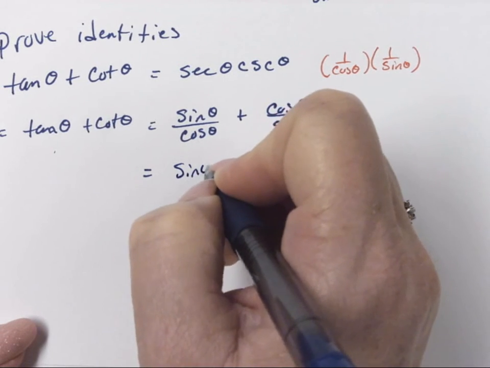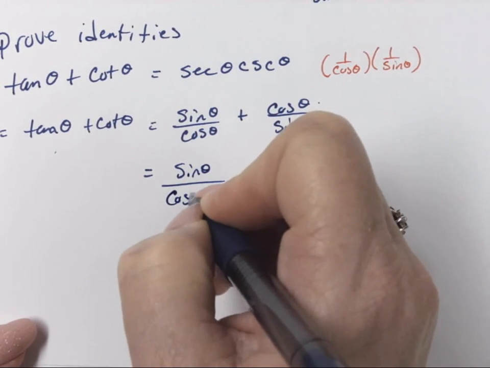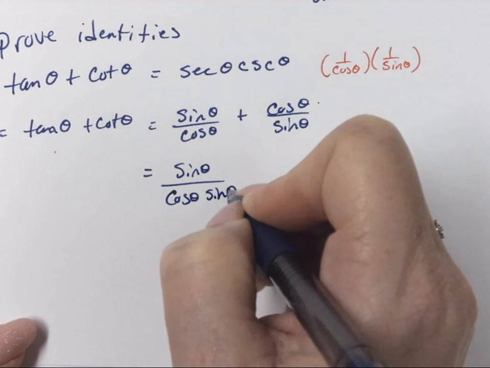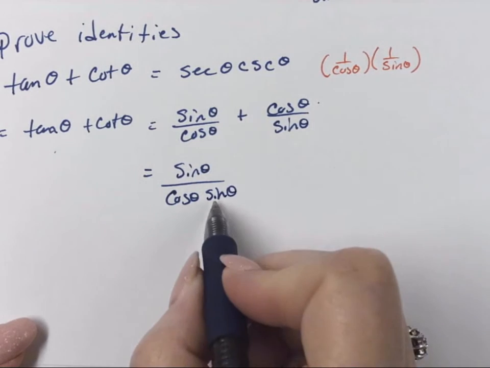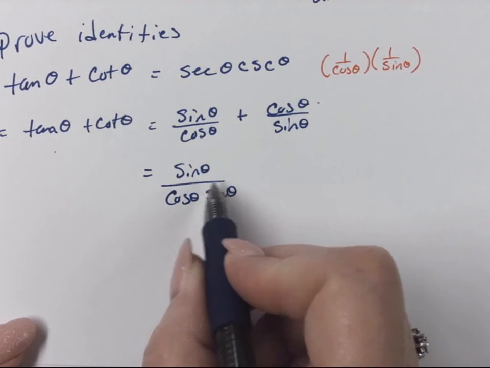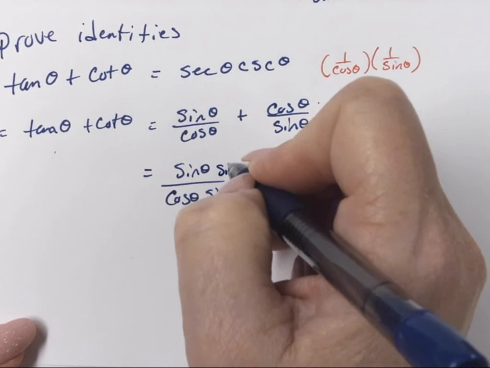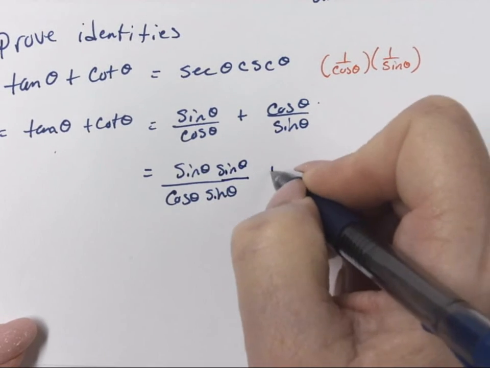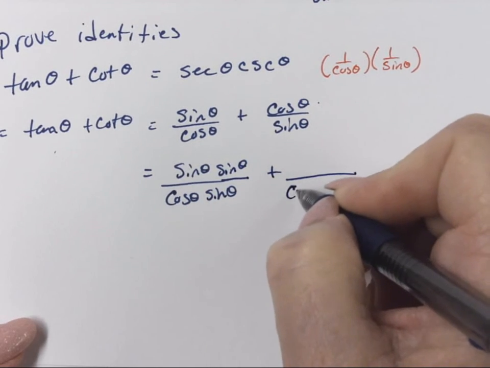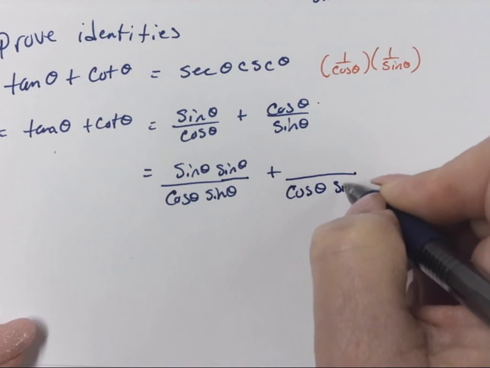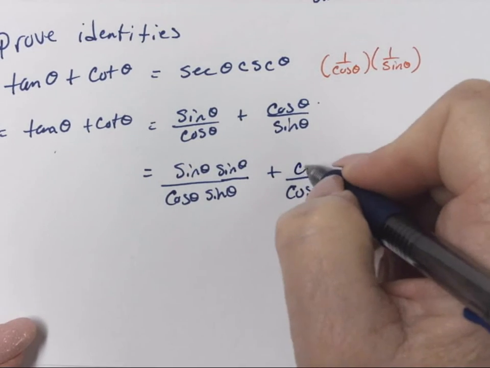So again, we multiplied each one by 1. 1 just looks different for each case. So now we have sine squared theta plus cosine squared theta all over cosine theta times sine theta.